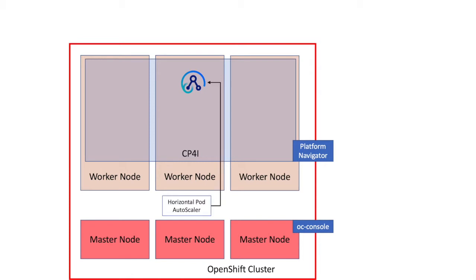So that Horizontal Pod Autoscaler will monitor the ACE pod or pods, and when they reach the CPU utilization that we define in the Horizontal Pod Autoscaler, it will increase the number of pods. So the way that we'll do that is by using a Postman request into the deployed ACE application, and when we force it to reach a certain CPU utilization, we'll be able to see the Horizontal Pod Autoscaler monitor that pod and as such scale it up.